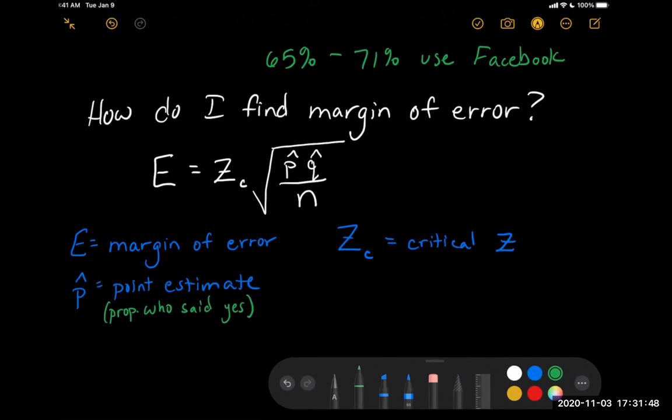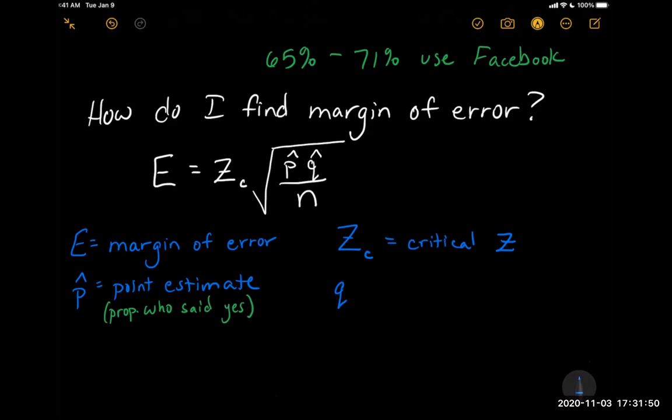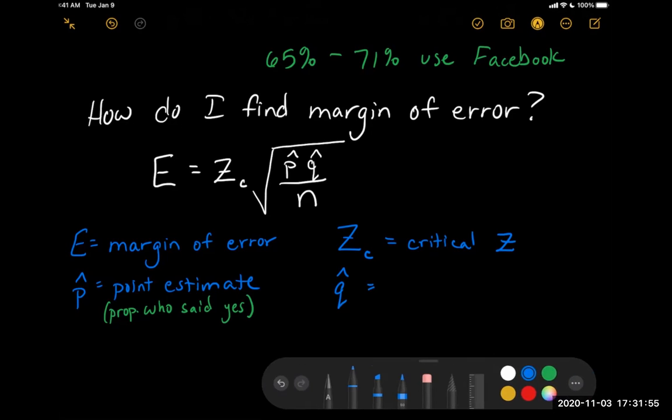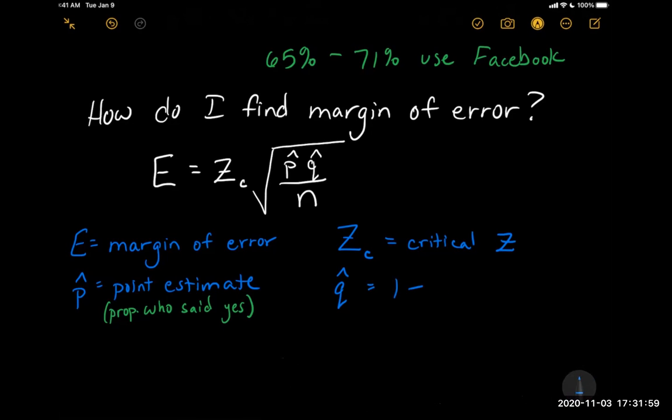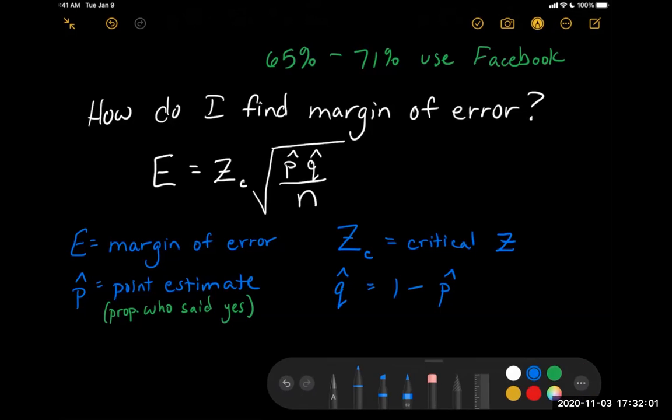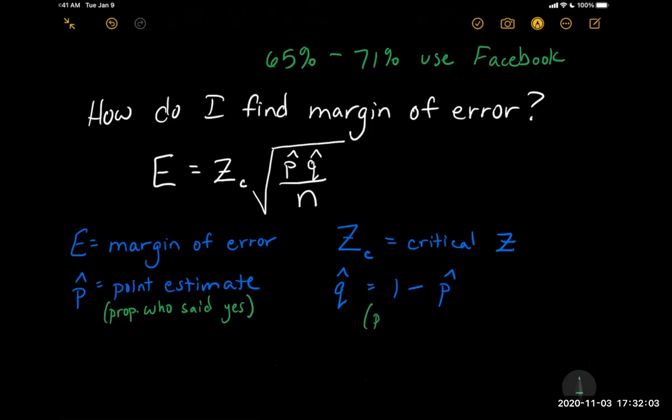Our next variable is q hat. We could define that as 1 minus p hat, but what it really is, is the proportion who didn't say yes. And before you ask me, the proportion who did not say yes and the proportion who said no is not the same thing.